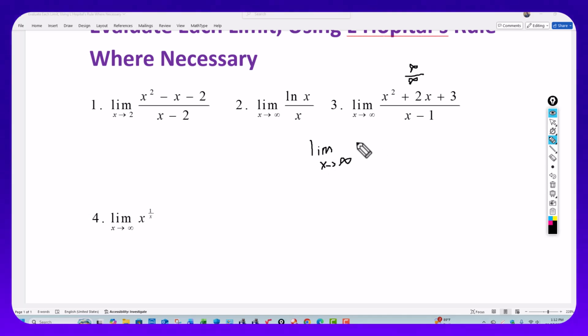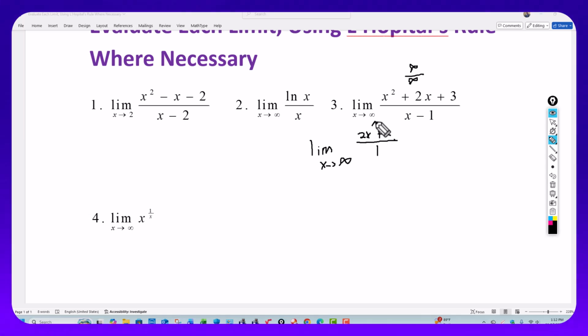Take the derivative of the numerator. We're going to get 2x plus 2. The derivative of 2x is 2, and the derivative of 3 is 0. In the denominator, the derivative of x minus 1 is 1. So in the numerator we have 2x, then plug in infinity here, and the plus 2.